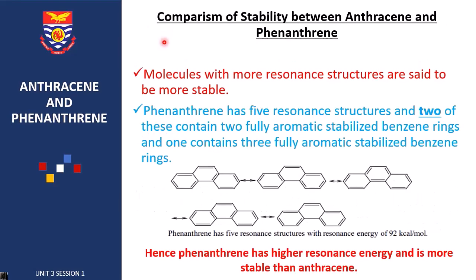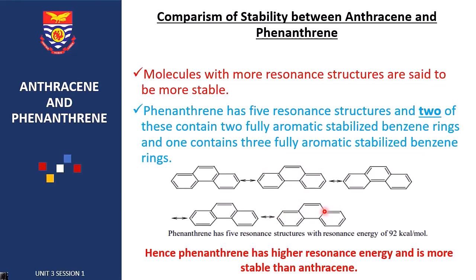Now, if we come back and look at phenanthrene, it has 5 resonance structures, and out of the 5 resonance structures, 2 are stabilized through complete aromatic stabilization of benzene rings. If you look at this particular structure, it has two aromatic benzene rings. One, two. This one has one and two.